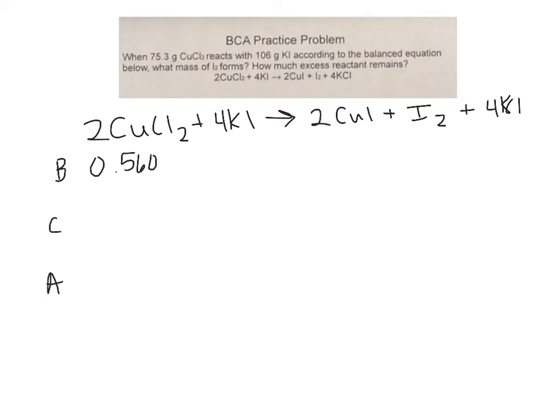Using a molar mass of 166, the moles of the potassium iodide before reaction is 0.638. Now the products over here, we don't have any of them yet, so I'm putting 0.